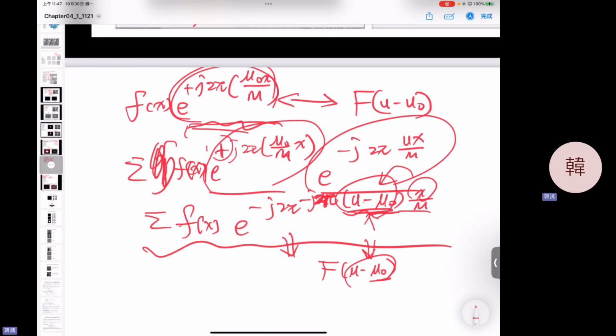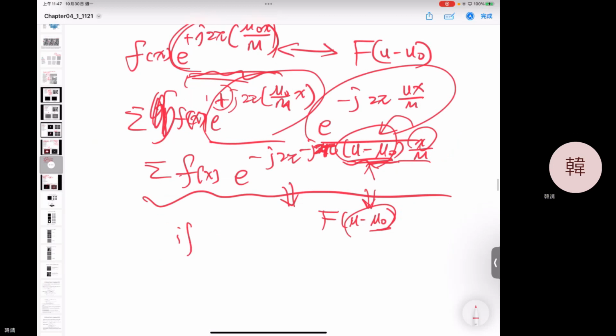So if we set the discrete Fourier transform mu 0 equal to n divided by 2, what does that mean? You have an image M by N in your spatial domain and your Fourier domain.